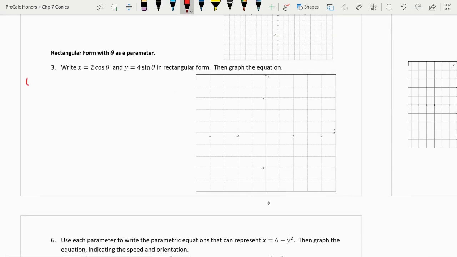The first one is, remember, we have this important equation, the unit circle, which was x squared plus y squared equals 1. In the unit circle, we know, hopefully we remember, that x comes from cosine.